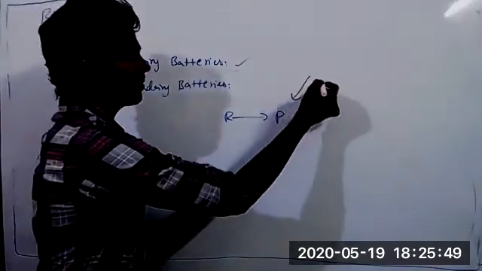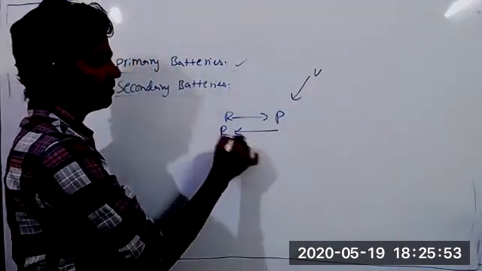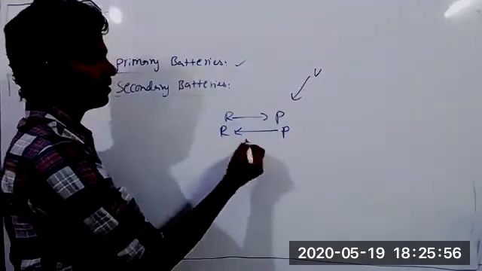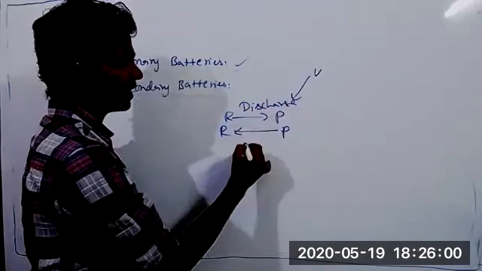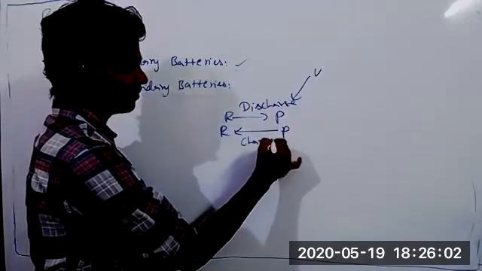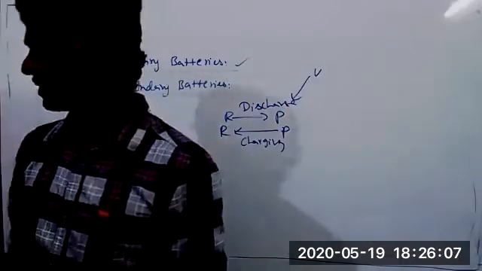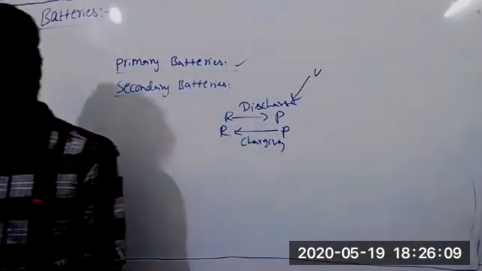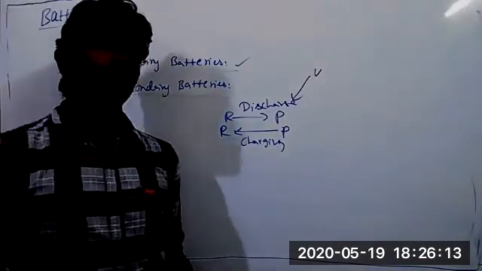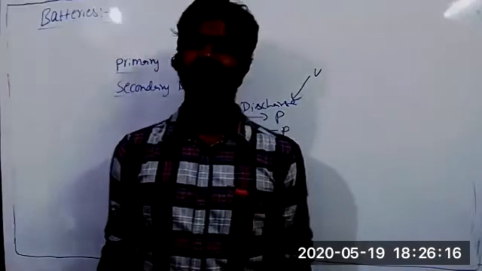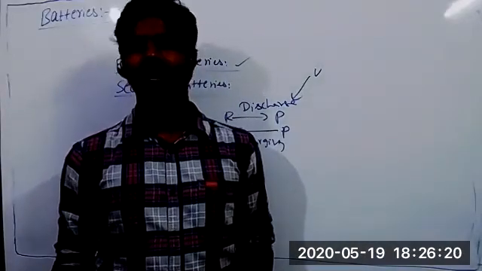When you apply external current, product is converted into reactant, so the reverse reaction takes place. This is while charging. Examples: mobile battery, inverter batteries, nickel cadmium batteries, lithium batteries.